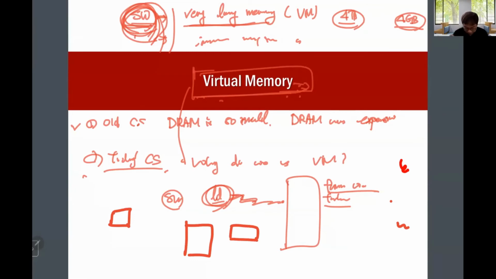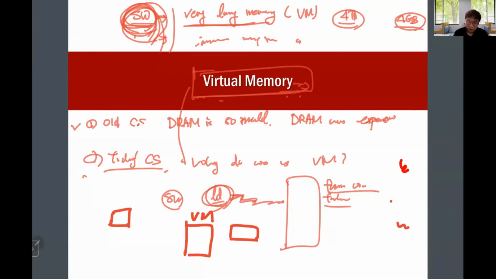The terminology virtual means fake. It's a fantasy. And physical means that it's real, okay? So the size of the virtual memory space is larger than the size of real physical memory space. Why?